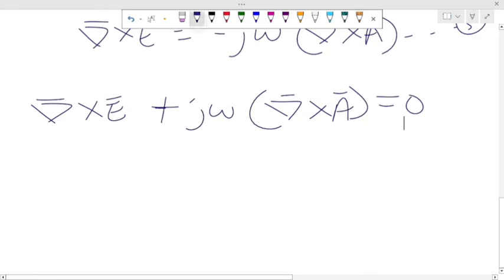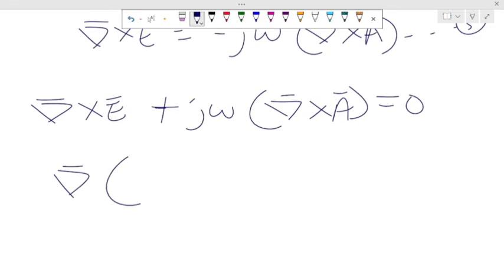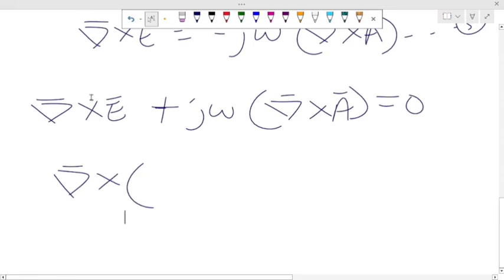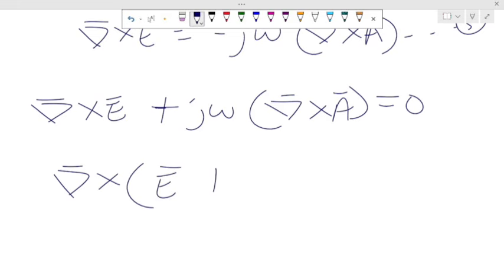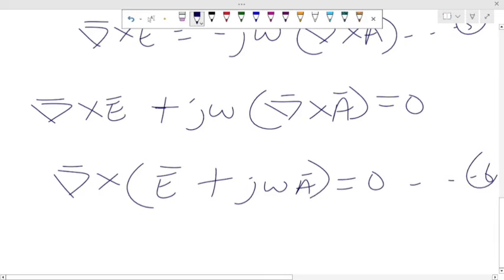So you now have curl of what will be left here? Electric field, plus what will be left here? J omega A. So J omega A equals 0. This is equation 6 in our notes. Alright, hope that's clear. So that's how we got to equation 6 in our notes.